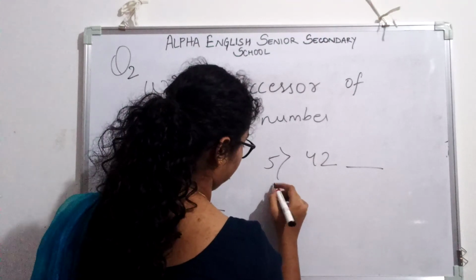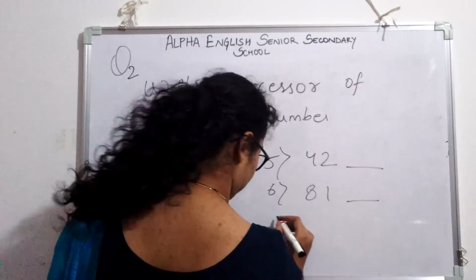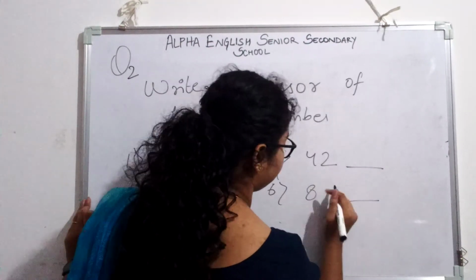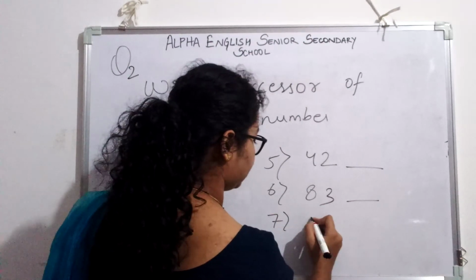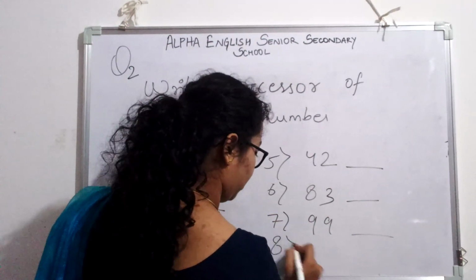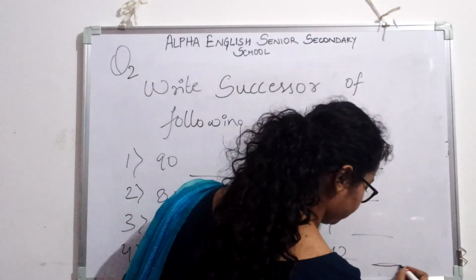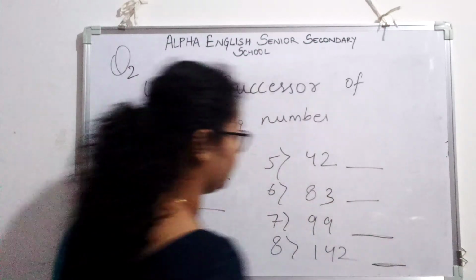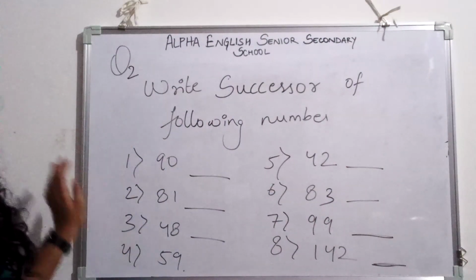Question number 6 is 83. Question number 7 is 99. Question number 8 is 142. So this is your question number 2 for homework.